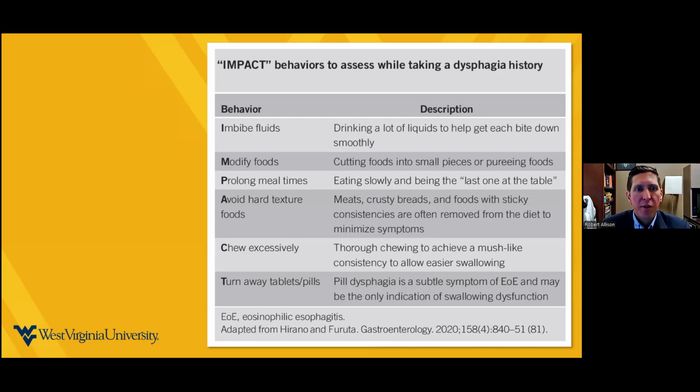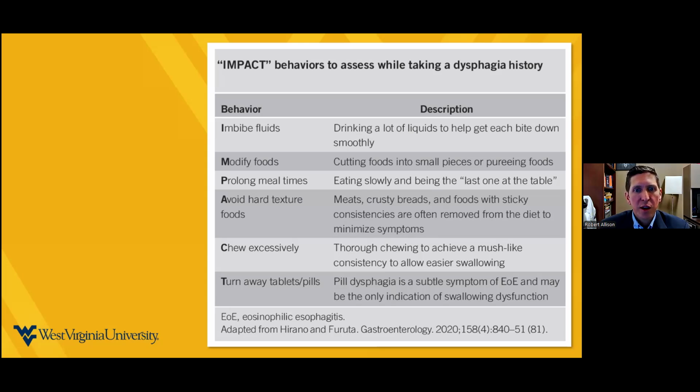They have to modify them, and therefore they cut food into smaller pieces. Prolonged meal time suggests that they eat more slowly, and they are usually the last one at the table. Avoiding hard textured foods like dense meat or crusty bread, and foods that stick are often avoided to minimize symptoms.